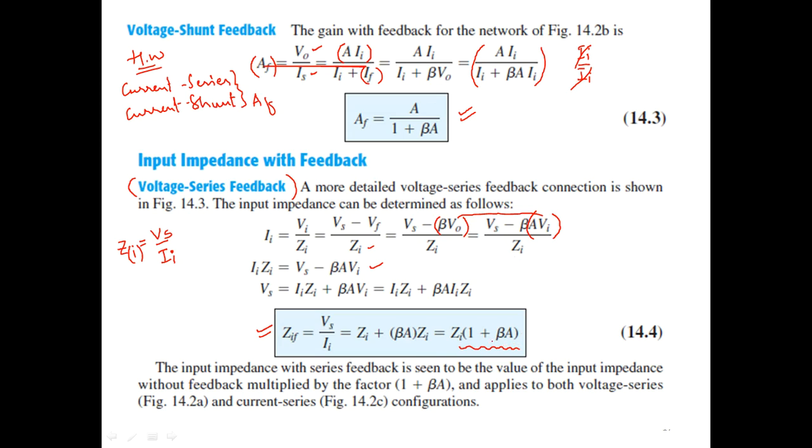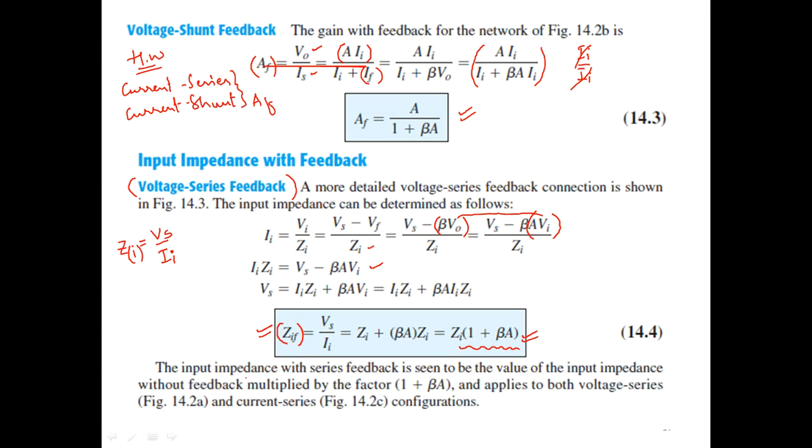Now the important point is, what is the significance? What can we interpret based on this particular expression? The input impedance with feedback is given as ZIF. Zi is the input impedance without feedback multiplied by the product 1 plus beta A. So what does that state?